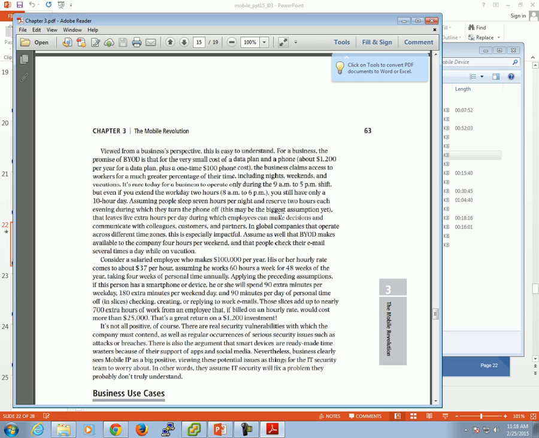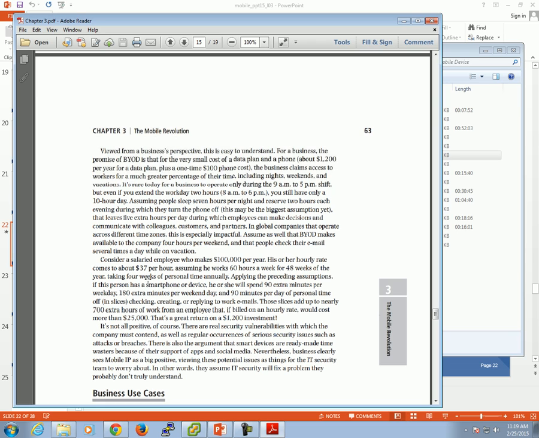Okay, it says, considering a salary employee makes $100,000 a year, his hourly rate comes out to be $37 per hour, assuming he works 60 hours a week for 48 weeks of the year, taking 4 weeks of personal time off.